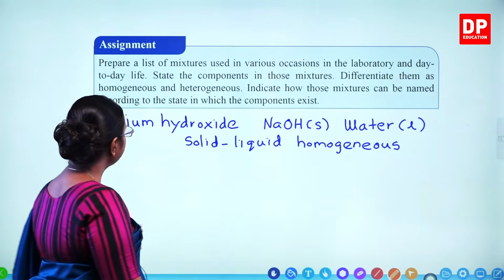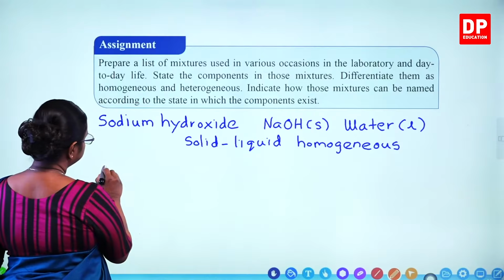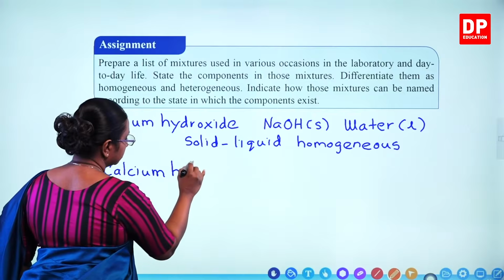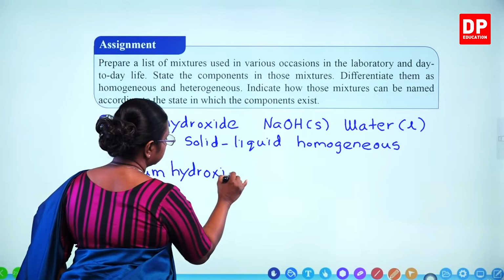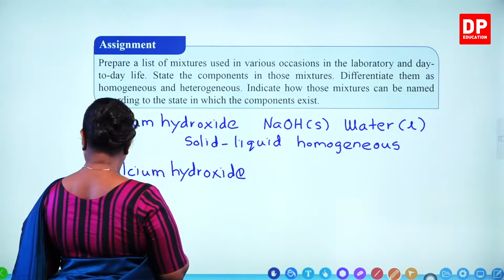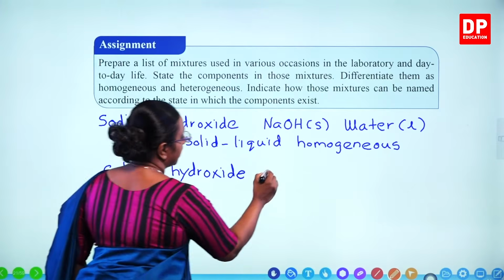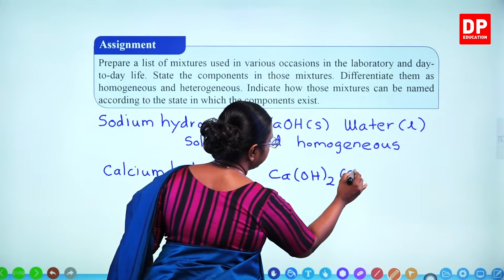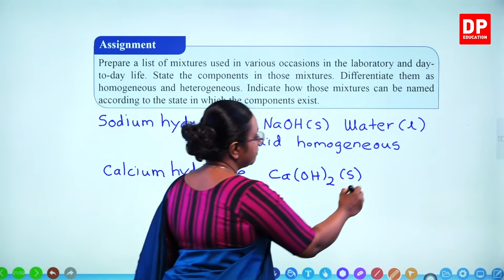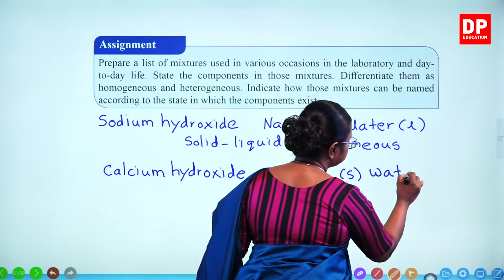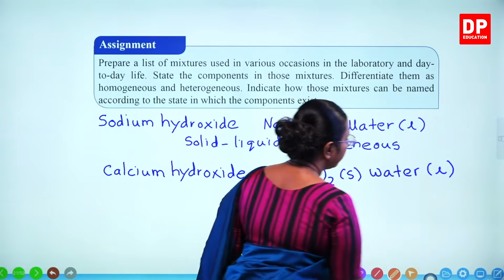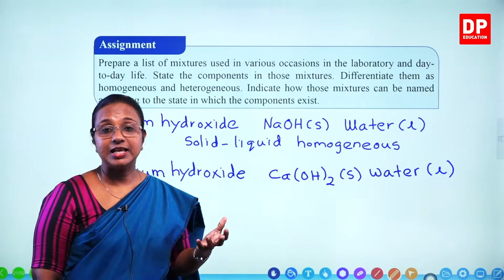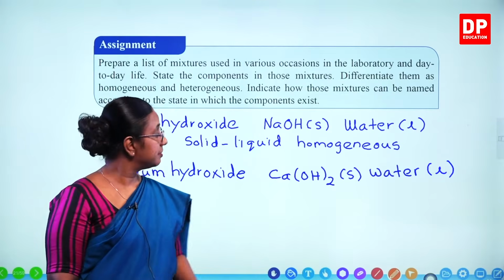If we take calcium hydroxide solution, that is Ca(OH)2, again in the form of a solid, and we have water in the form of a liquid, and if you dissolve calcium hydroxide, you will get a heterogeneous mixture.